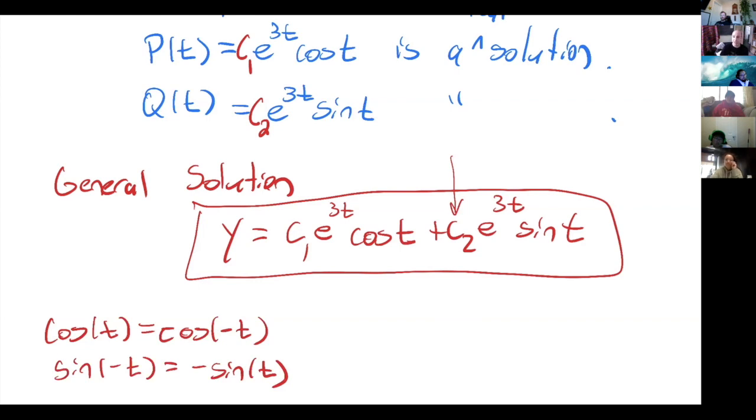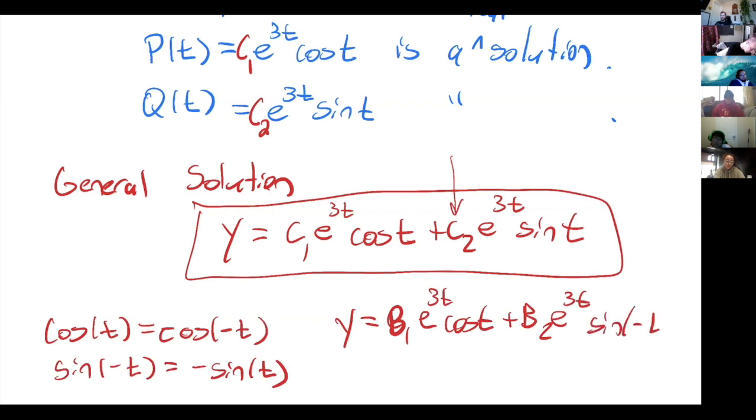So if I use this as my general solution, I'll get a value for C1 and C2. And if instead I want to use this as my general solution, this minus sign can get pulled out and just gets absorbed into an arbitrary constant.